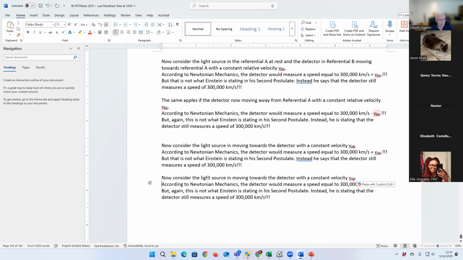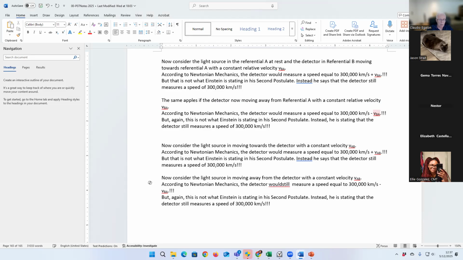So five different situations, right? Moving away from the detector, moving towards it, and we get exactly the same result.